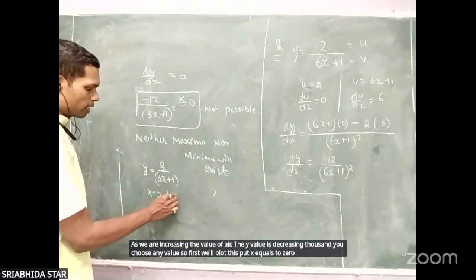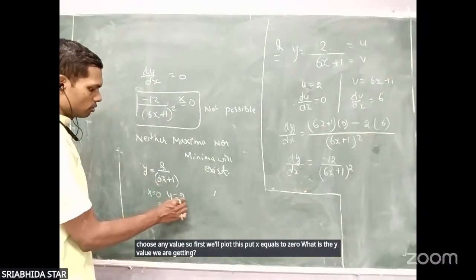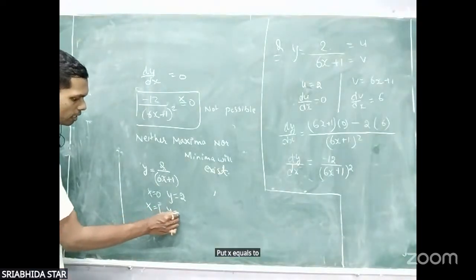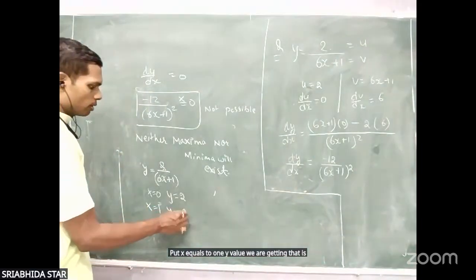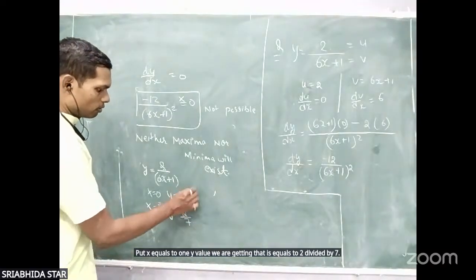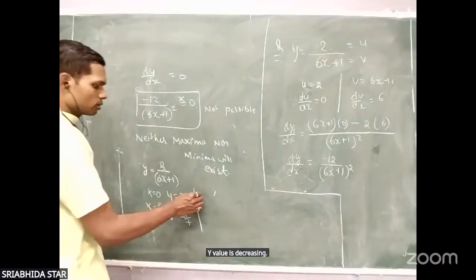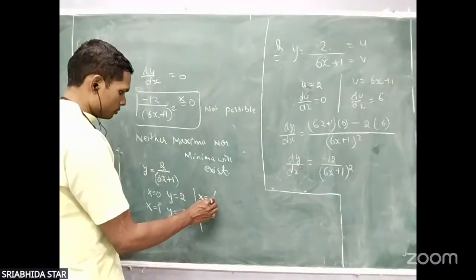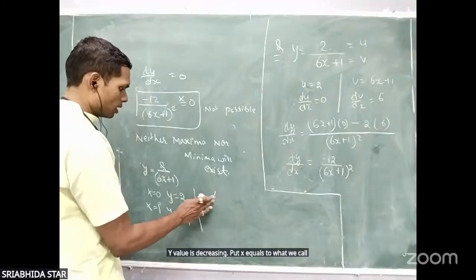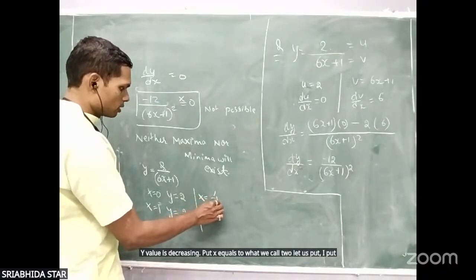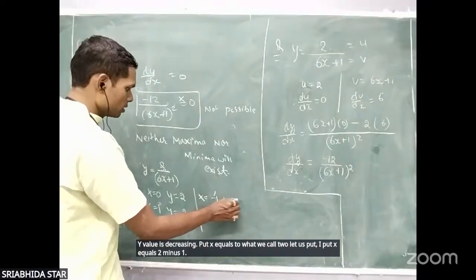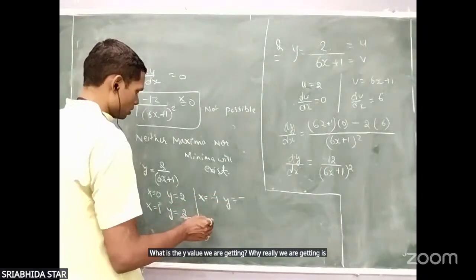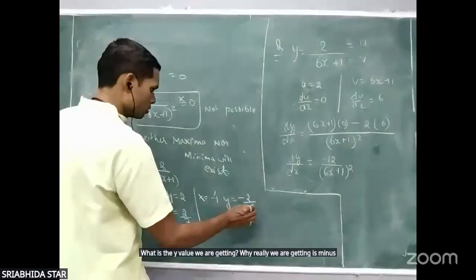What is the y value we are getting? Y value will be equal to 2. Put x equals to 1. The y value we are getting is 2 divided by 7. Y value is decreasing. Let us put x equals to minus 1. What is the y value we are getting? Y value we are getting is minus 2 divided by 5.